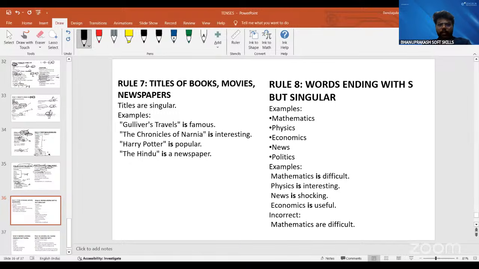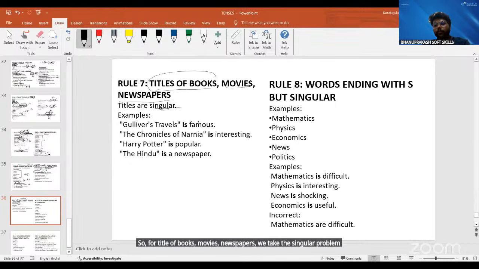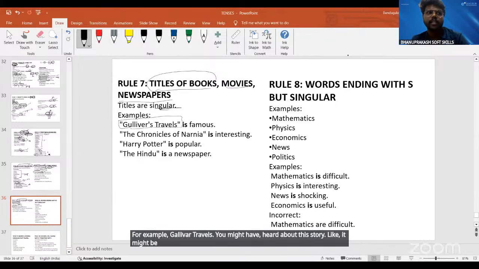Now, rule 7 is titles of books, movies, newspapers. For titles of books, movies, newspapers, we take the singular verb form. For example, Gulliver's Travels. You might have heard about this story; it might be there in the English textbook of 7th standard.